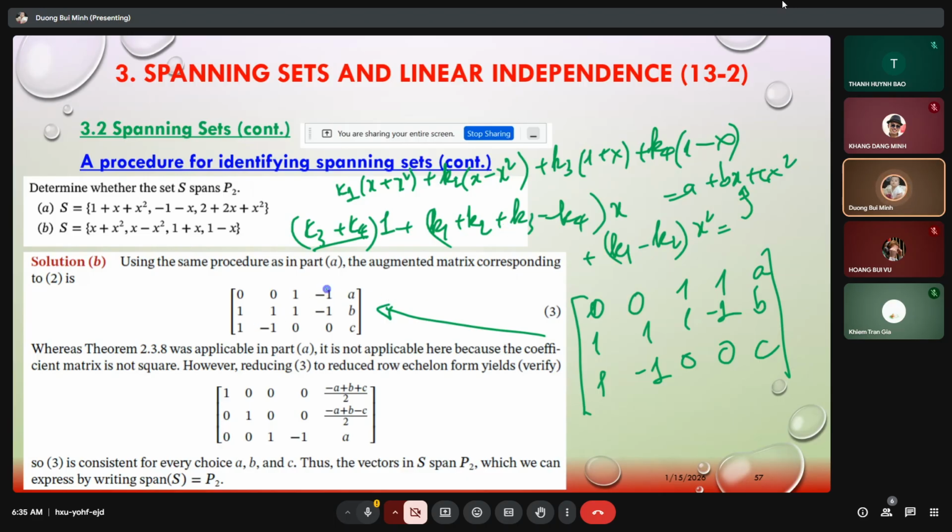Why do we have a minus here? Help me to check. K3, 1 minus X. Any mistake? X plus X square, X minus X square, 1, 1 minus X, okay? So K3 plus K4.